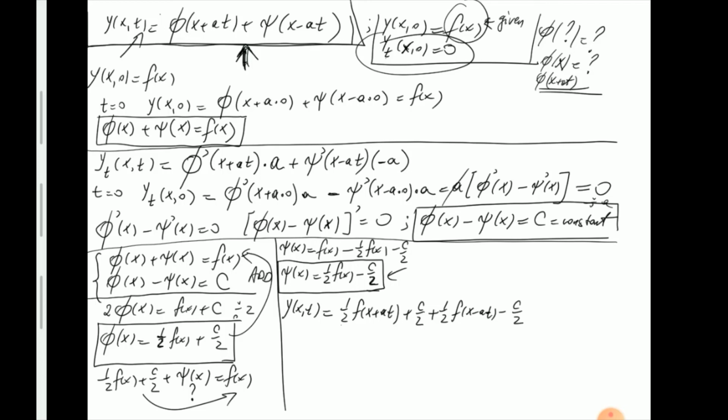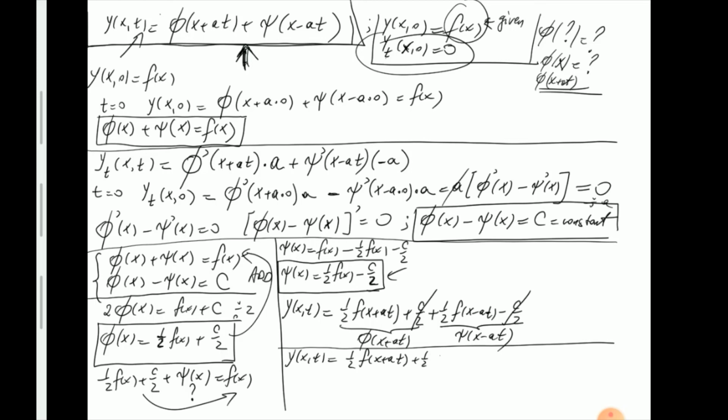Again, this is phi of x plus at, and this is psi of x minus at, the other traveling wave. Now c over 2 happens to cancel, and therefore we concluded finally that the solution of the wave equation is 1/2 f of x plus at plus 1/2 f of x minus at.